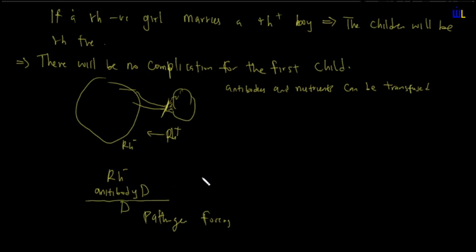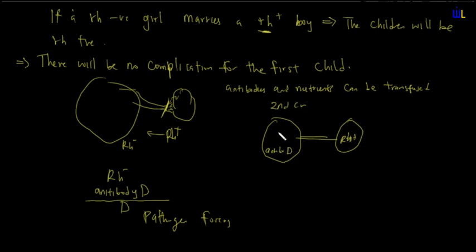Okay, good. Now, when there is now the second conception, that second child, provided the dad is positive, the second child would also be positive. Now, see what happens. If you have the mother and you have the child, this child is rhesus positive. Remember that at second conception, the mother already has antibody D produced and stored in her body. Am I communicating with you?